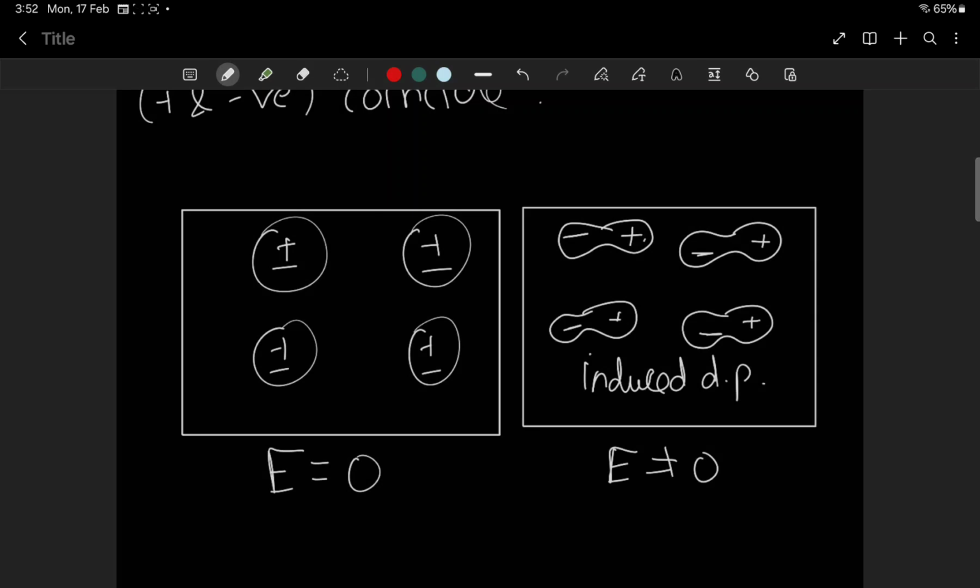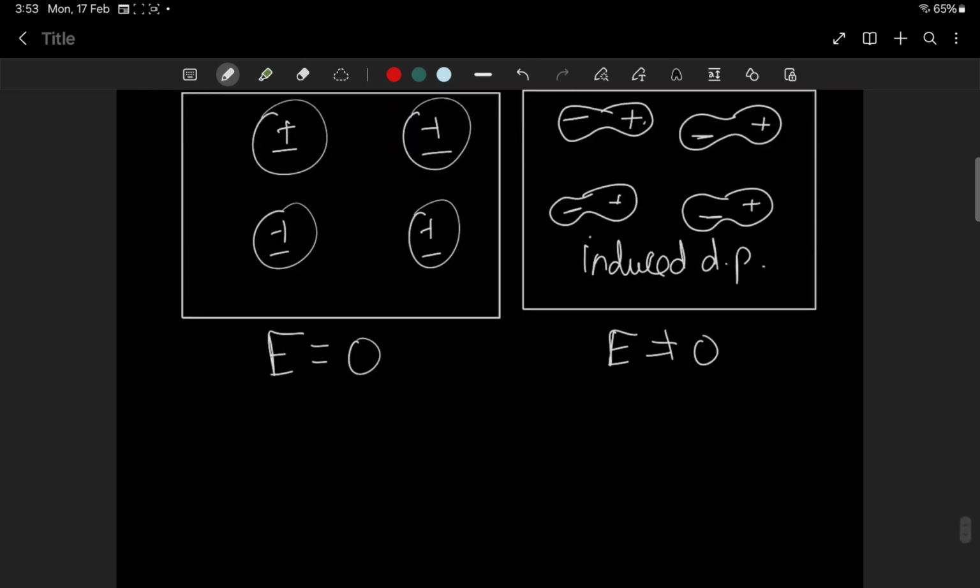Initially the net dipole moment is zero because they cancel each other. Understood? Okay. So we completed polar and non-polar dielectrics.